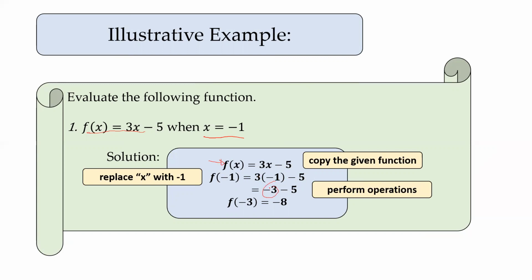Why -3? It's because 3 times -1 is -3, minus 5. To simplify the result to get the final answer, -3 minus 5 would give us -8. Therefore, the answer is -8. So if we evaluate f of x is equal to 3x minus 5 when x is equal to -1, our answer is -8.